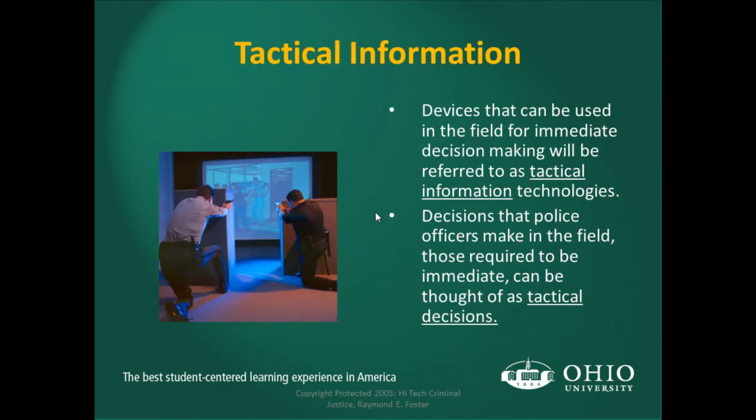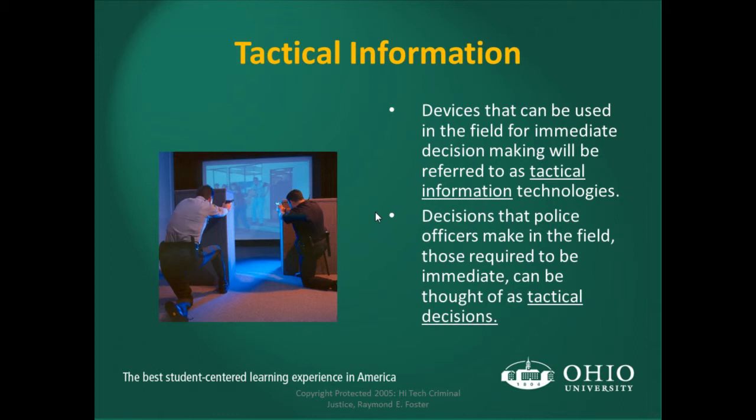Okay, next section here, we're going to talk about tactical versus strategic information. The first section here is tactical information. Any device or anything that's used in the field to make decisions is tactical-based technology, or devices that you might use to gather information on a scene. Decisions that police officers make in the field at the time of an event, those required to be immediate, can be thought of as tactical decisions.